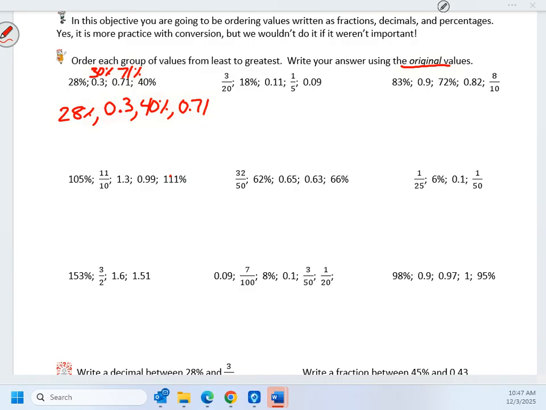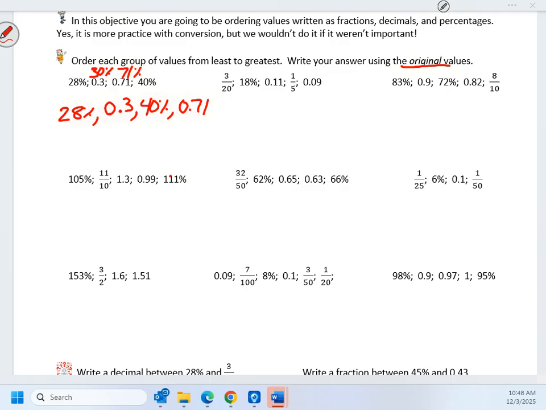So let's look at our next one. We have 3/20ths, 18%, 0.11, 1/5, and 0.09. What should I convert to? Rhoda? Percentages. Okay, so 3/20ths. How do I convert that to a percentage? Jackson? Times them both by 5.